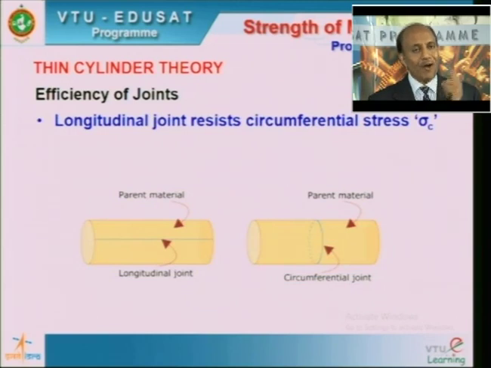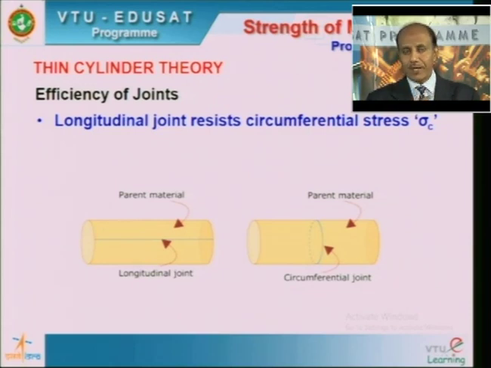Now it's important to note that the longitudinal joint resists circumferential stress, isn't it? If you look at the joint and try to understand how the circumferential stress is going to act, circumferential stress acts perpendicular to the longitudinal joint.